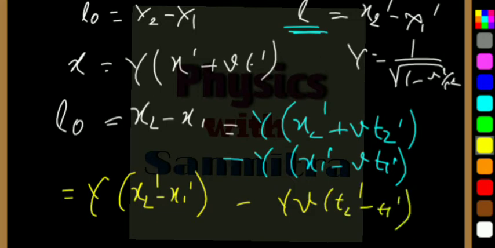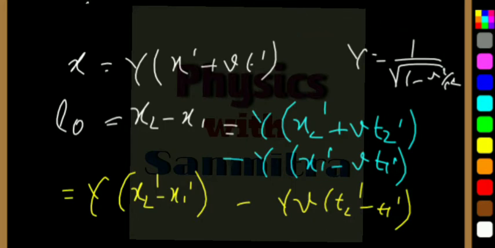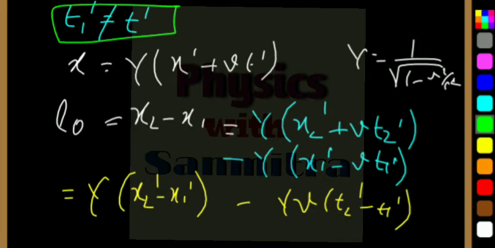One thing I can say here is that t1 dash is not equal to t dash because they are in a different frame of reference, uniformly moving.